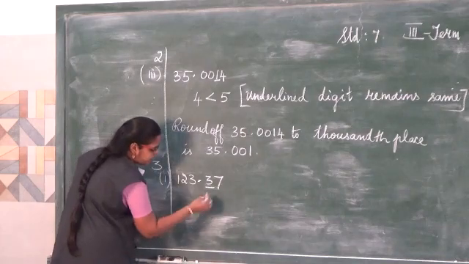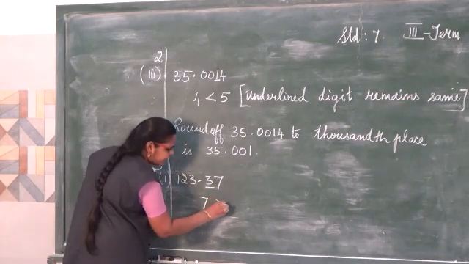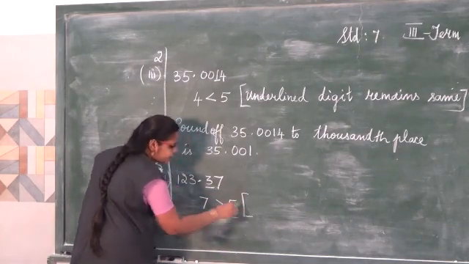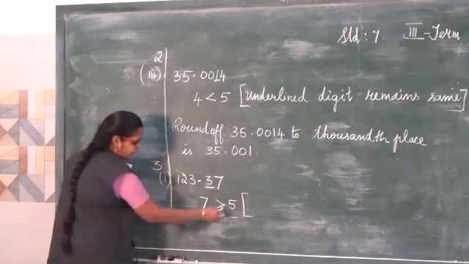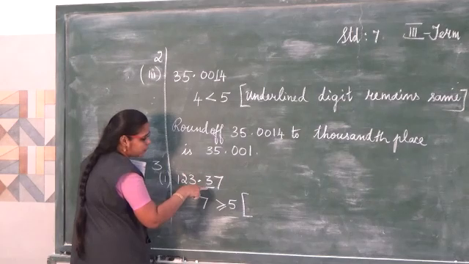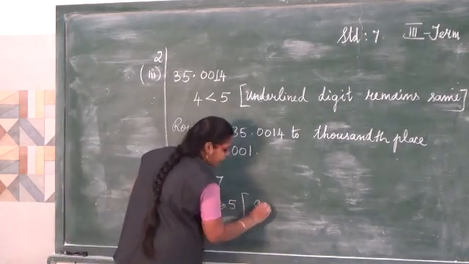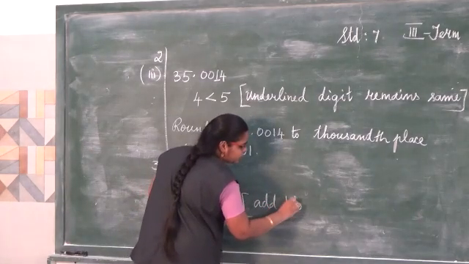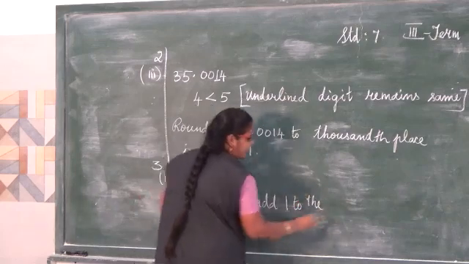7 is greater than or equal to 5. So we have to add 1 to the underlined digit.